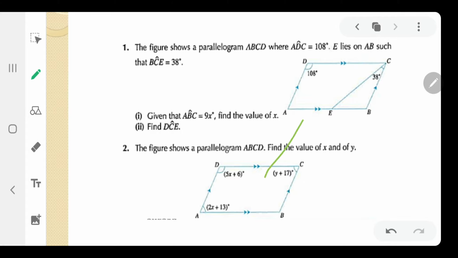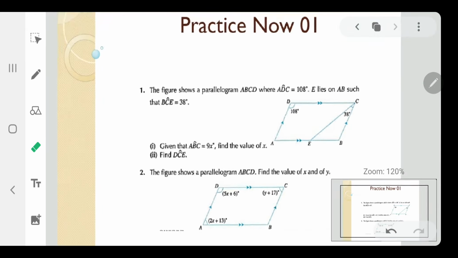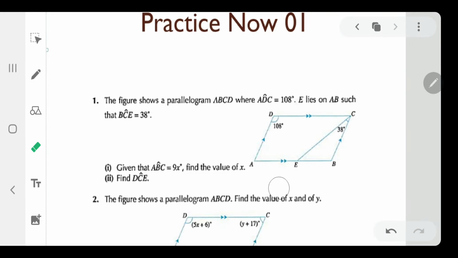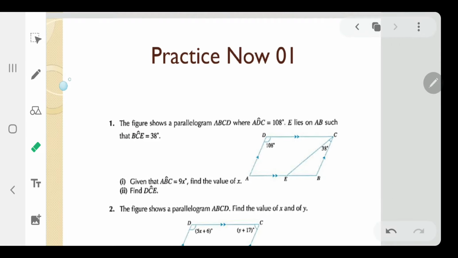Now we are going to discuss something very important, which is practice 1. Here we have to discuss this problem.